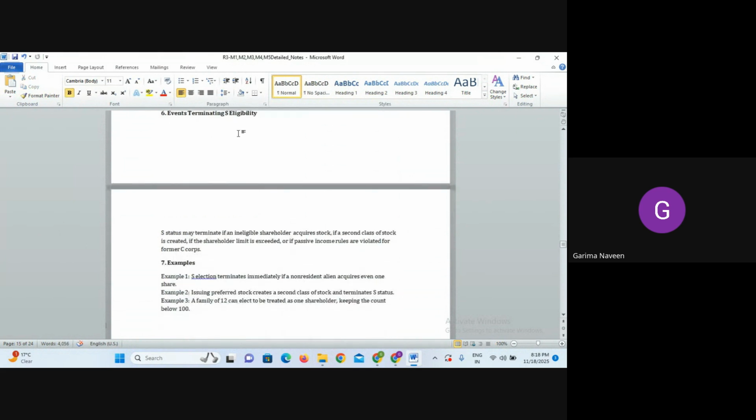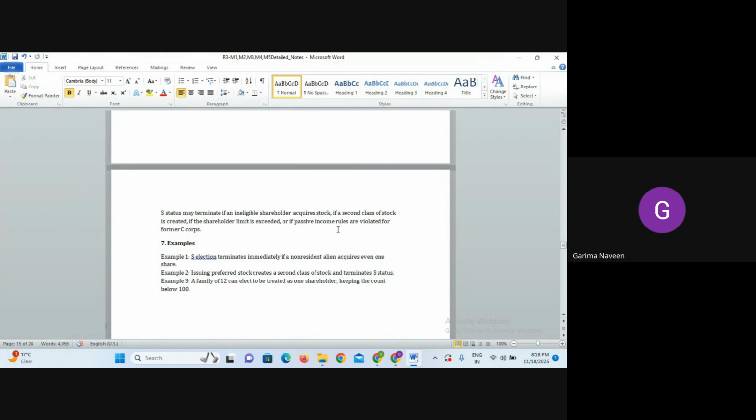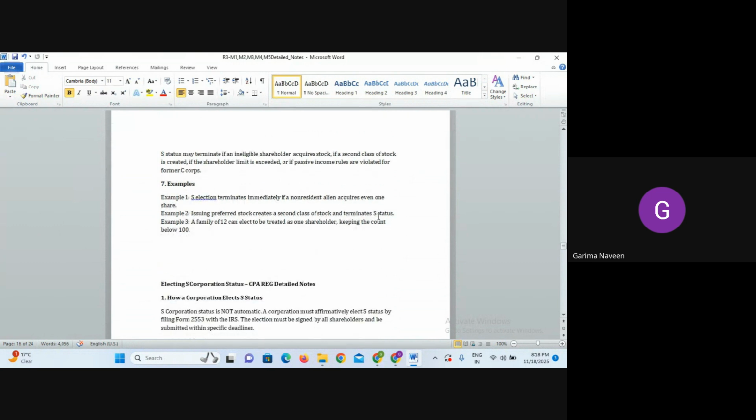Similarly, to terminate the S corporation status, you can file the election, and you should now have a majority of consent. Okay, not 100%, but majority of consent will be allowed. So is it clear about the termination of S corporation? Yes, ma'am.